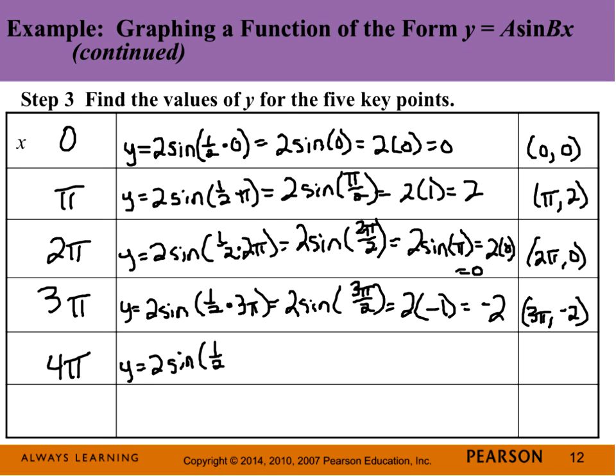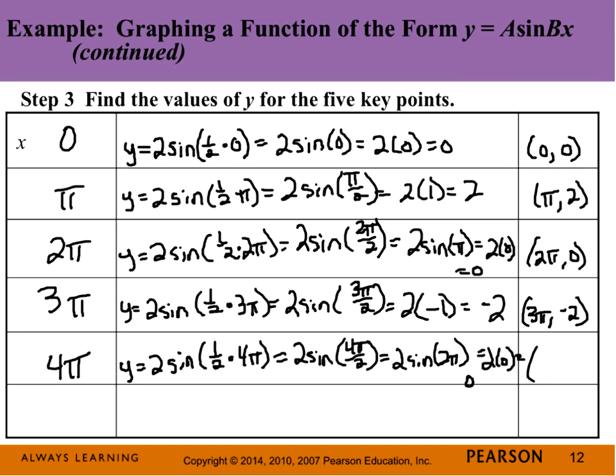2 times the sine of 1/2 times 4 pi is 2 times the sine of 4 pi over 2, which is 2 times the sine of 2 pi. The sine of 2 pi is 0, so that is 0.